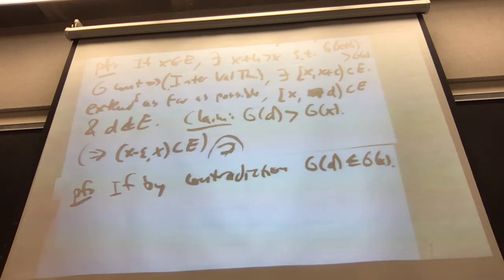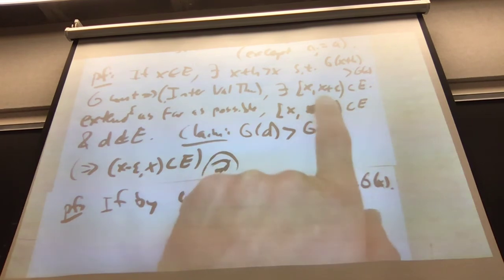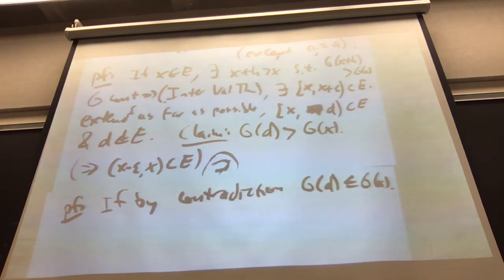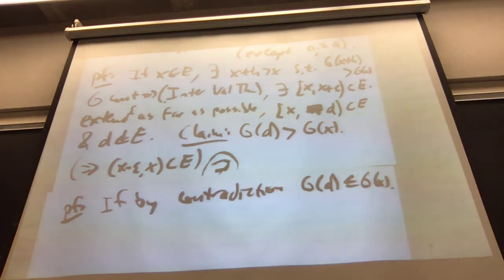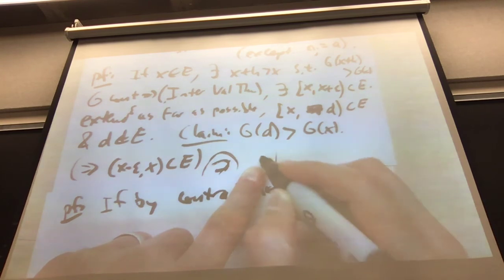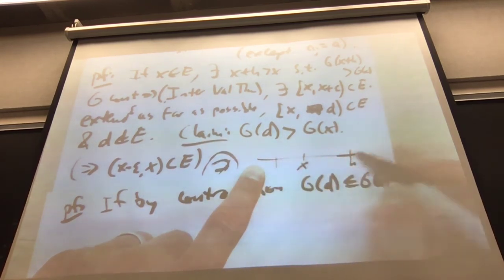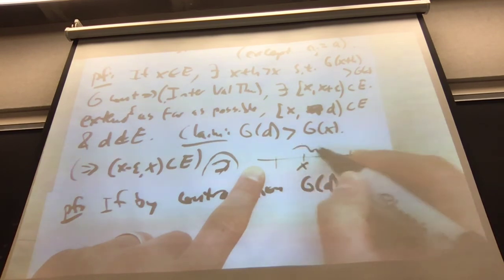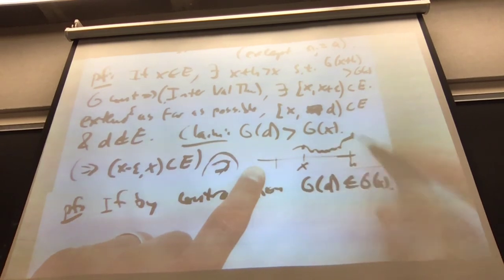So I'm not applying the intermediate value theorem to get an entire interval. I'm just applying it to get some interval. So there's a point in the future that is greater. Yeah, let's draw a little. It's very hard to draw subtle pictures with this marker. So here's x. I know that there's some future point h that gets higher. I don't know what's going on in between, but somehow I'm continuous and I get to some higher value than the value I was at.